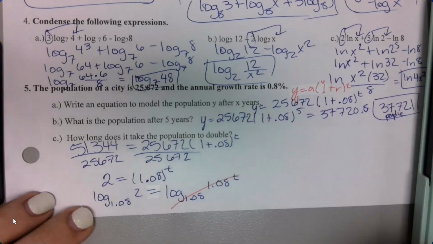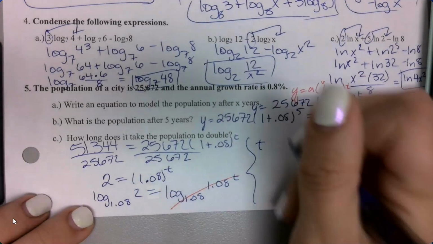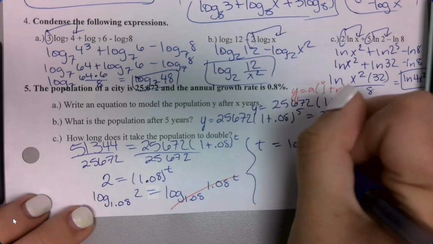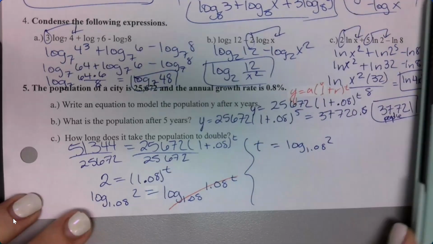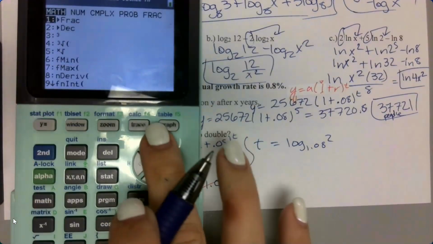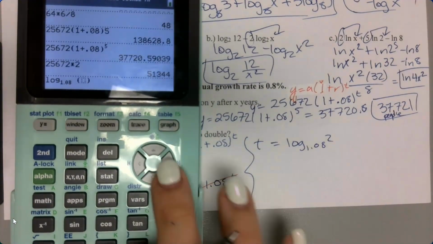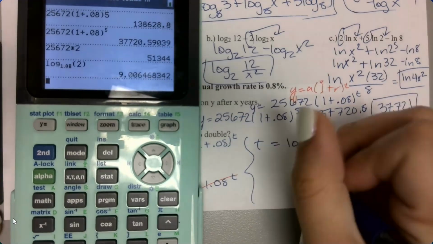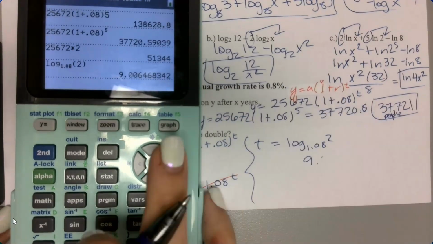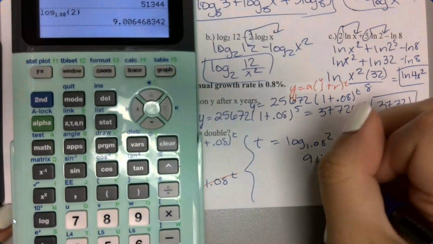The log base 1.08 and the 1.08 cancel out. So I have t equals log base 1.08 of 2, which I can type into my calculator. I go math, it's choice A. This gets me it's about 9 years.